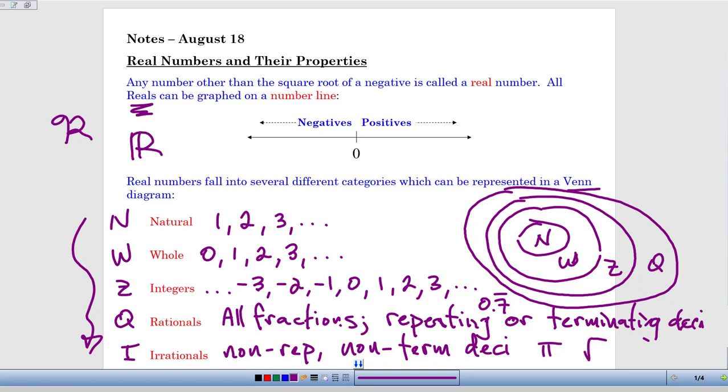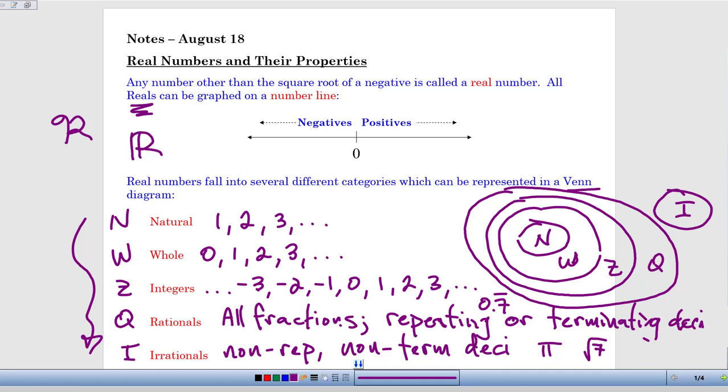Another example of an irrational number is, let's say, the square root of 7. Square root of 9, for example, we know that works out evenly. It's 3. But the square root of 7 does not work out evenly. So that's another example of a decimal that does not repeat and does not end. And so in our Venn diagram, those now have to be a completely separate circle from the rational numbers. There's no overlap.